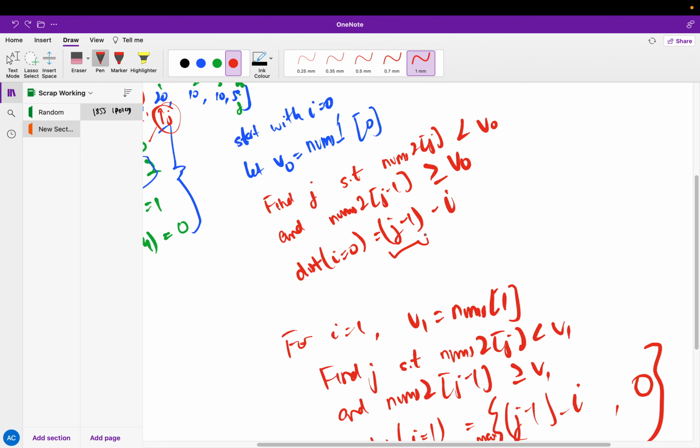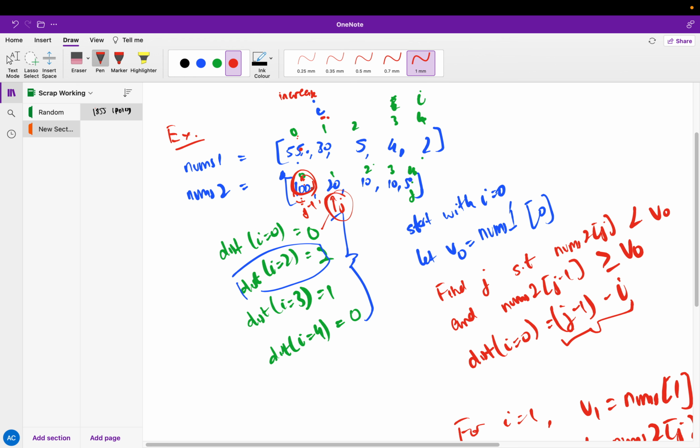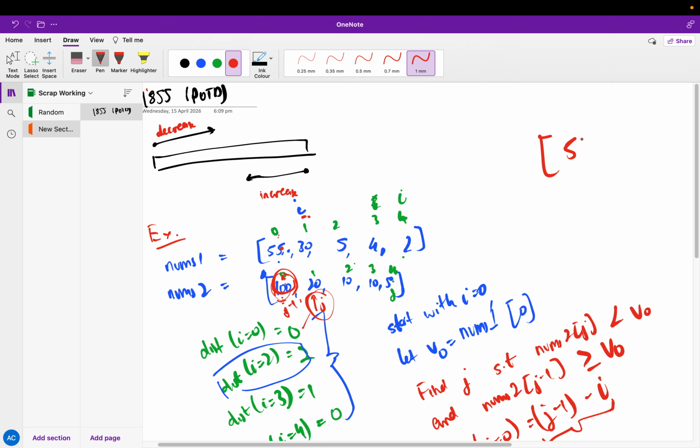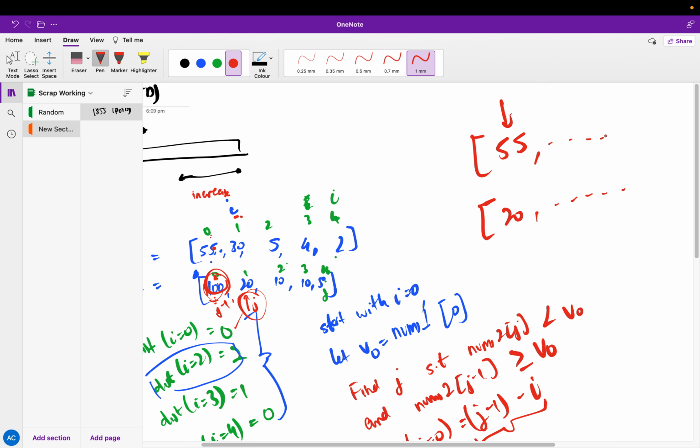So if we max it with 0, then it should be good. And maybe I should do that over here as well. I have to be really careful, because in the case where, let's say you have 55 for nums1 and then 20 for nums2, 55 isn't going to have any valid pair because the numbers only get smaller.